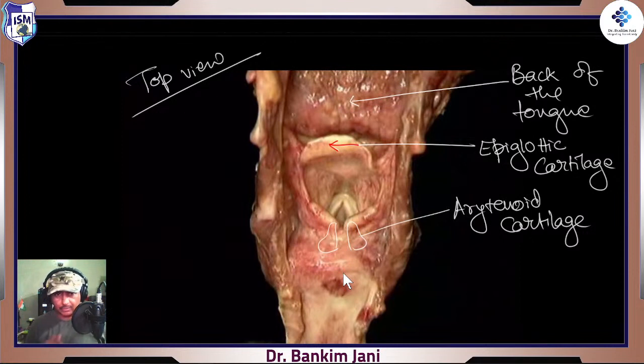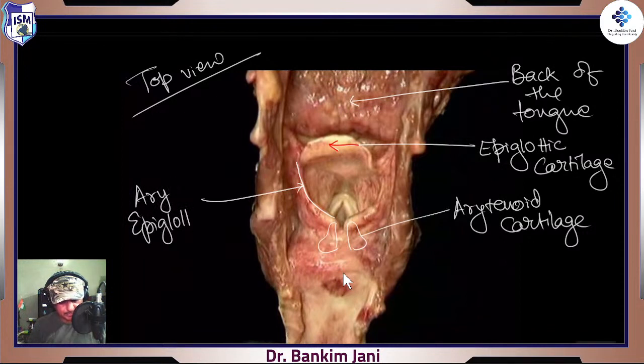One point, see this fold. That fold is epiglottic, because it is starting from arytenoid and going towards the epiglottis, so that's why we'll call it epiglottic fold. A fold is nothing but mucosal thickening.